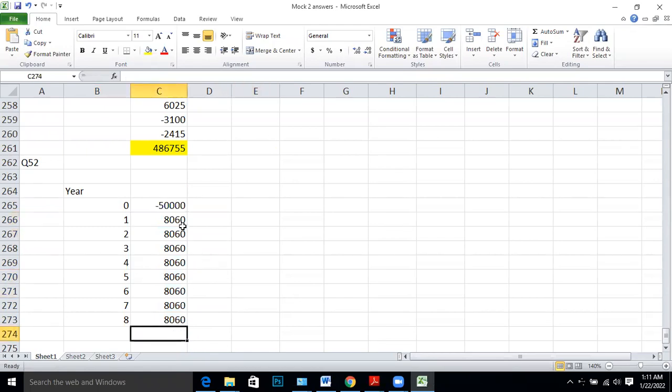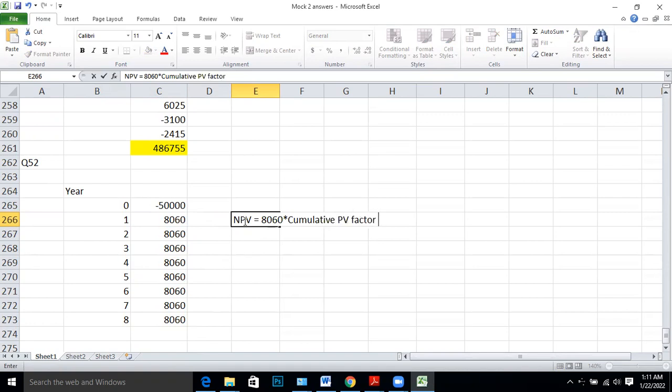So this is an annuity, you have the constant cash flow. So NPV will be 8,060 into the cumulative PV factor, minus 50,000. You don't have to find it one by one. But at IRR, NPV is 0, right?